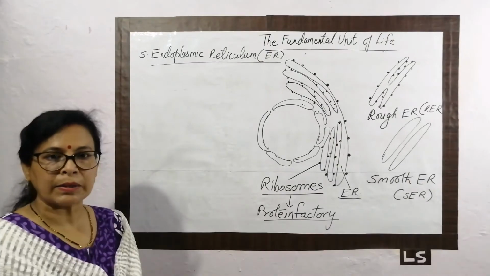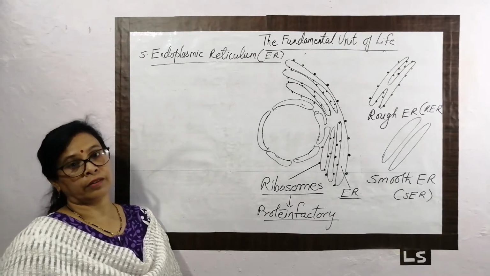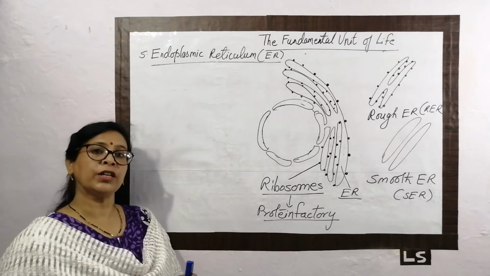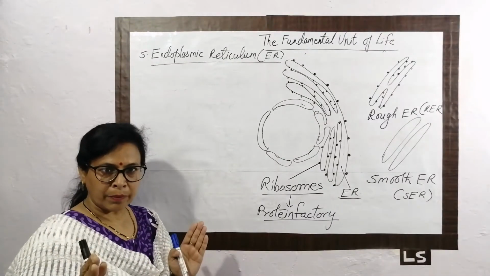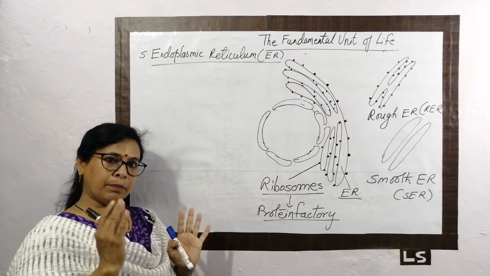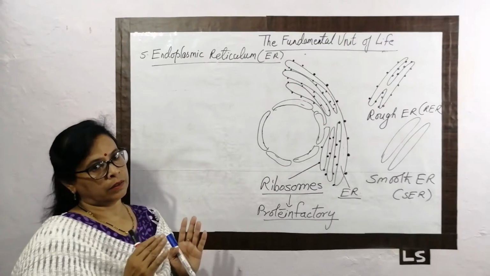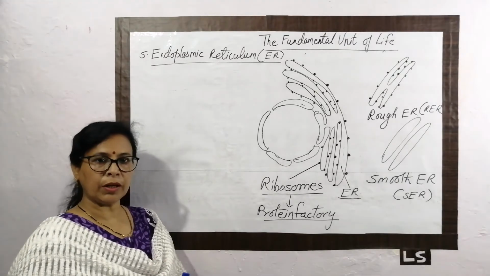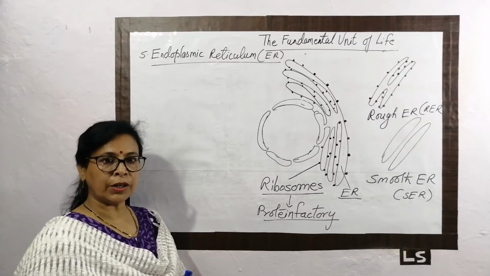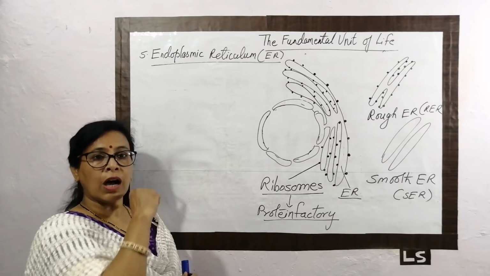What is the endoplasmic reticulum? Endoplasmic reticulum is a large network for the transportation of substances, and it is present between the plasma membrane and the nuclear membrane, that is, in the cytoplasm. There are two forms of the endoplasmic reticulum. First is the rough endoplasmic reticulum. Why is it called rough? Because small granules of ribosome are present on the outer surface.